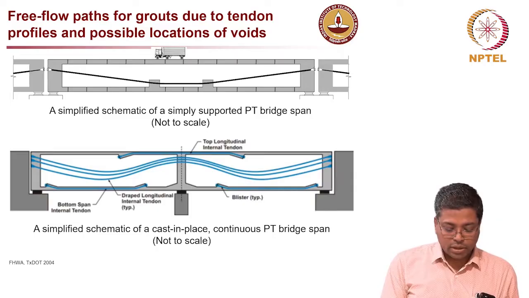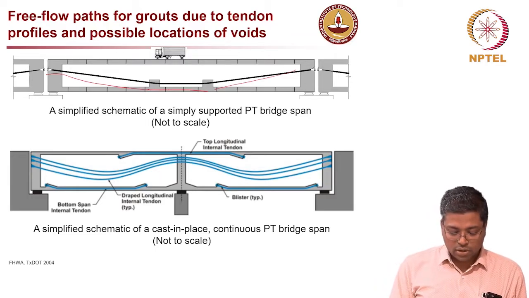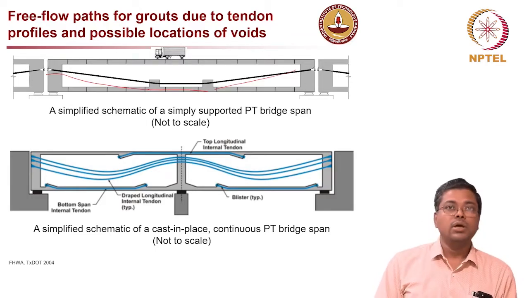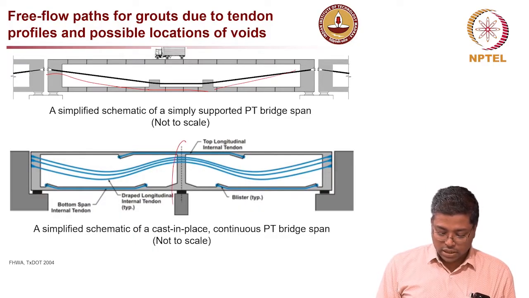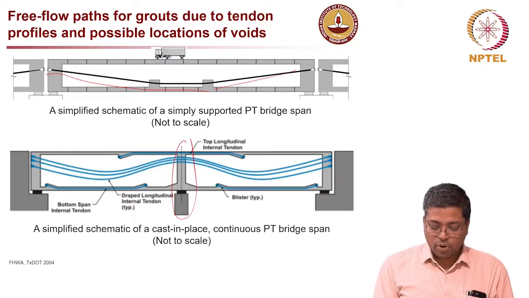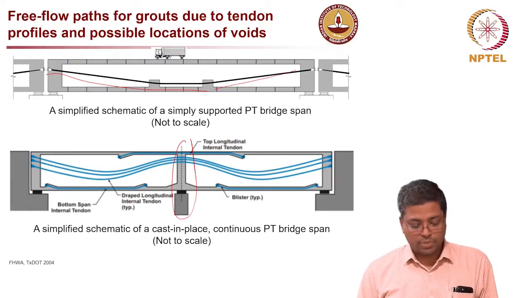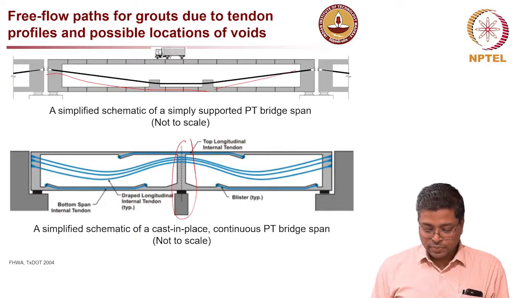In the top drawing, you can see a straight profile like this, and then it goes like that. In the bottom one, you will see a curved profile, as you see here, for a continuous beam system. In the top one, typically when you have a simply supported system, you go for that kind of profile.